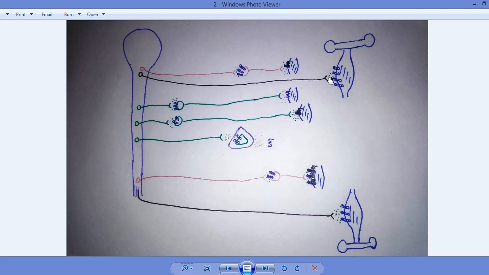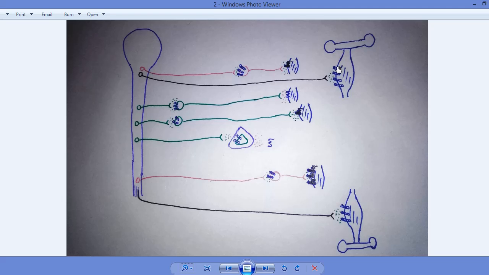As I have told you in the previous slide, it secretes acetylcholine, but what will this acetylcholine activate? It will activate the receptors present in this neuromuscular junction, on the muscle end plate in the muscle.